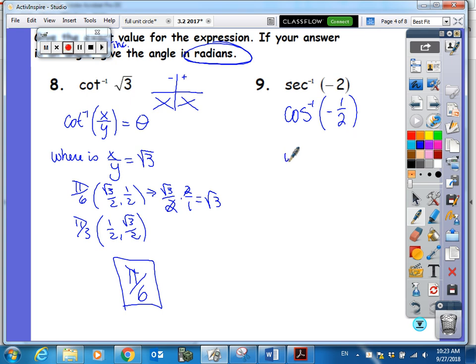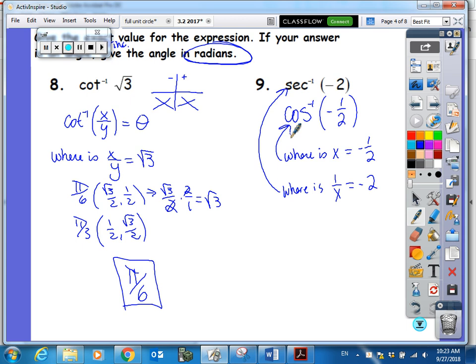So where is x equal to negative 1/2? That original problem would have been where is 1 over x equal to negative 2. It's the same thing. Those two are equivalent statements. They mean the same thing. Exact same thing.